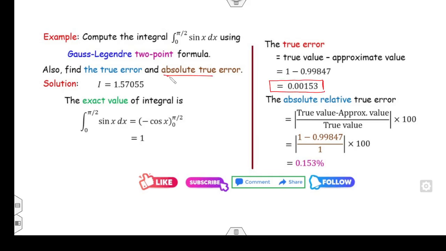Similarly, you can calculate the absolute relative error. That means the true error divided by the true value. The true value is 1. And if you write it in percentage, the relative error is 0.153 percent.